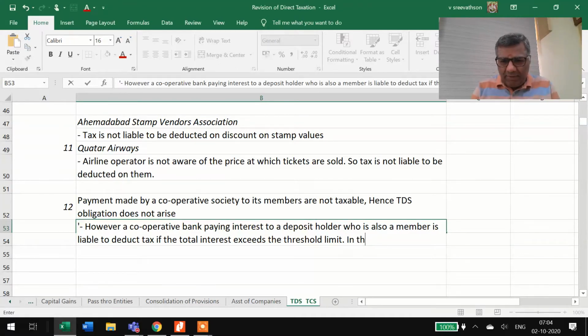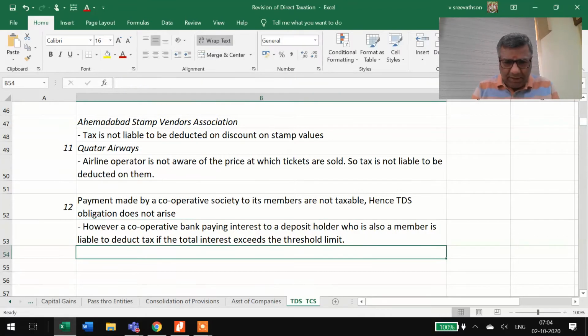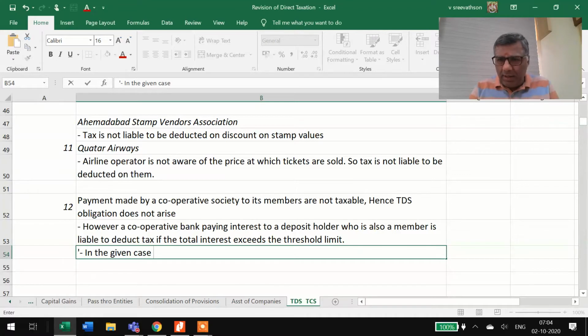In the given scenario, the receiver is a senior citizen. Threshold limit is rupees 50,000.